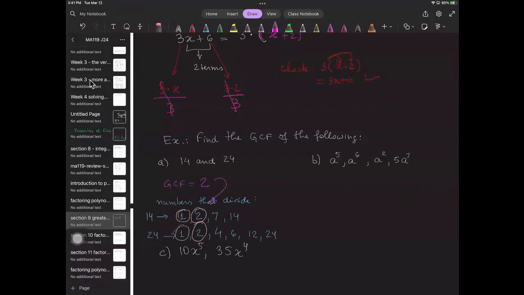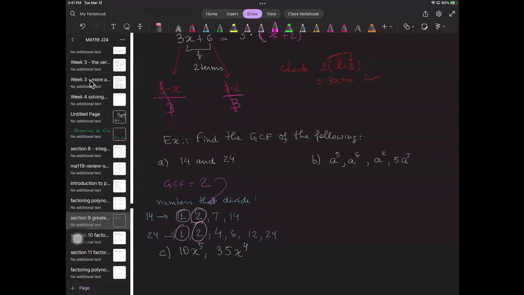Now, for part B, when you have a variable, you're looking for divisors of that power with the variable. So it has to be common for all the terms. So here we have 4 terms, right? So a to the 5th, a to the 6th, a squared, 5a to the 7th. So there are 4 terms.